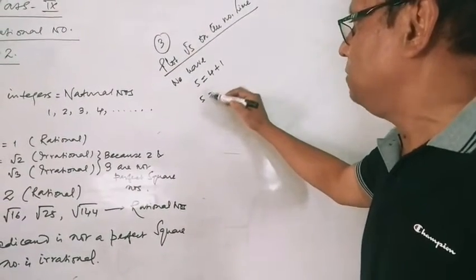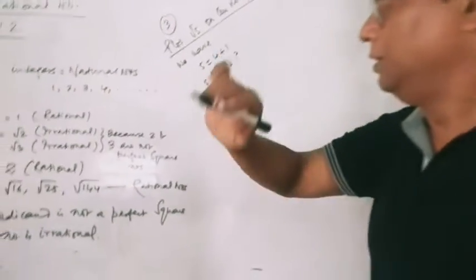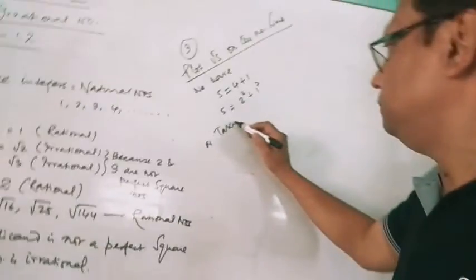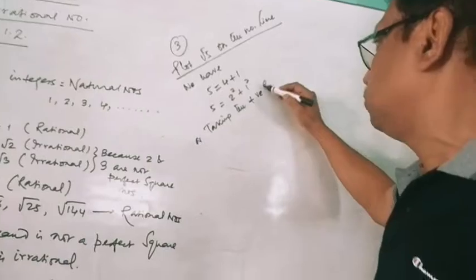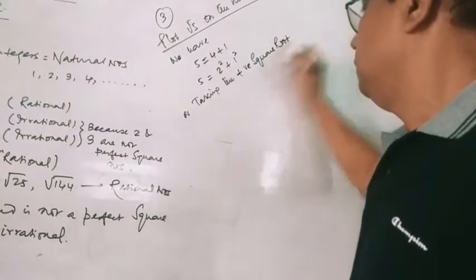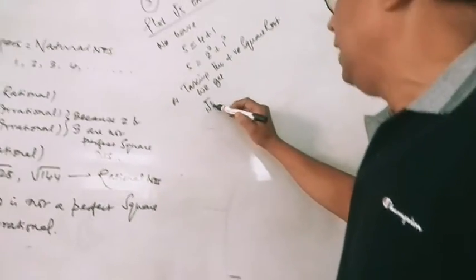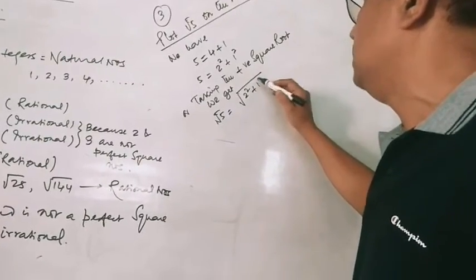So 5 can be written as 2 square plus 1 square, or taking the positive square root, we get root 5 is equal to under root 2 square plus 1 square.